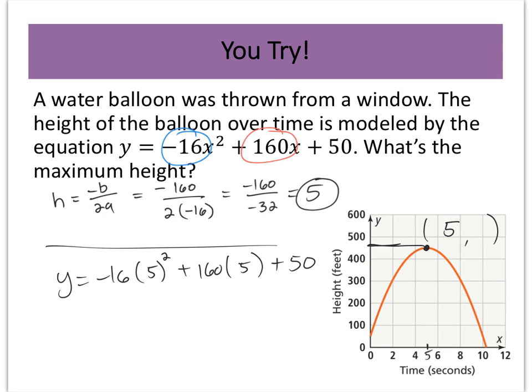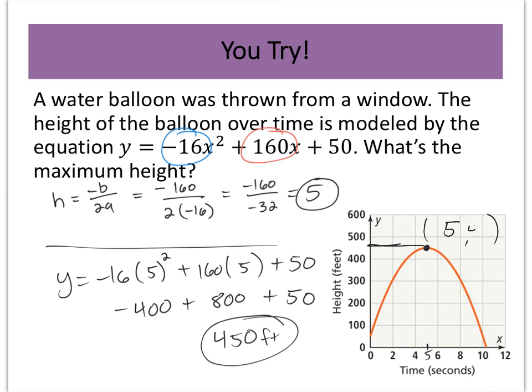So I've got negative 16 times 25, so negative 400, plus 160 times 5 is 800. These are turning out to be nice numbers. Plus 50, so that's 400 plus 50, so that's 450 feet. And that's the height of the water balloon at its peak.